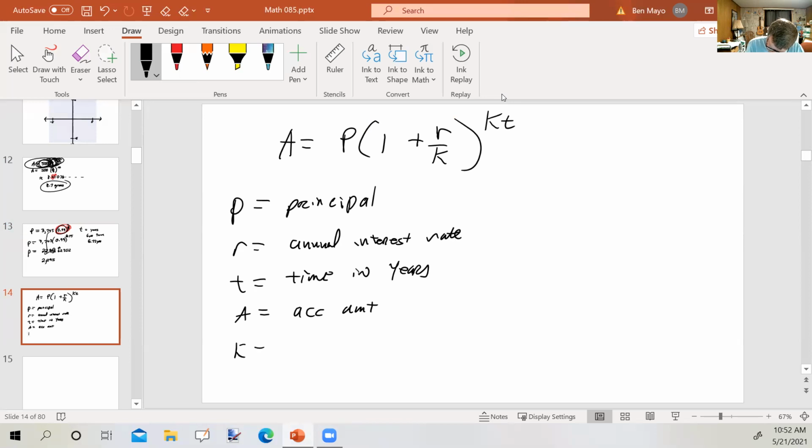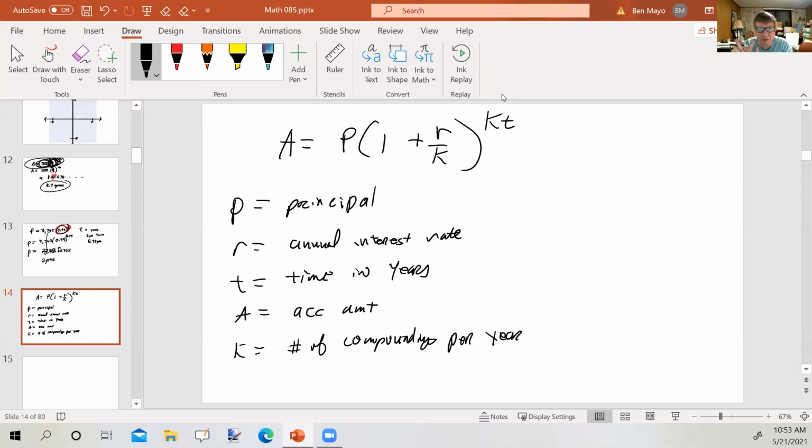And K is the number of compoundings per year. Now, what does that mean, the number of compoundings per year? Well, how often they calculate the interest that you've earned in the account, and then that interest shows up as money in the account.